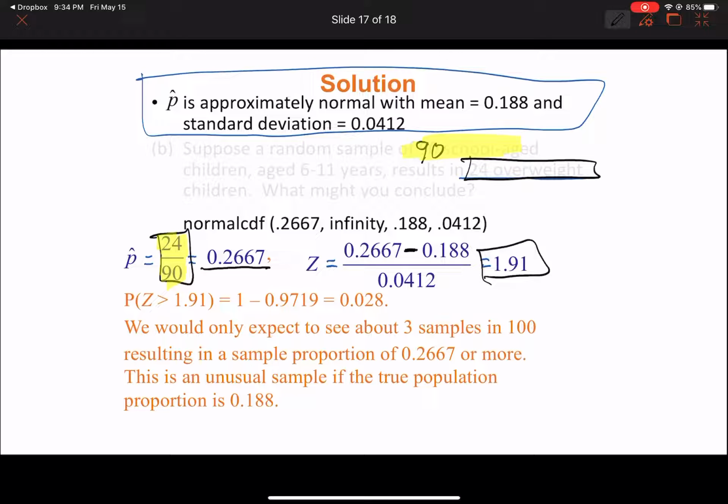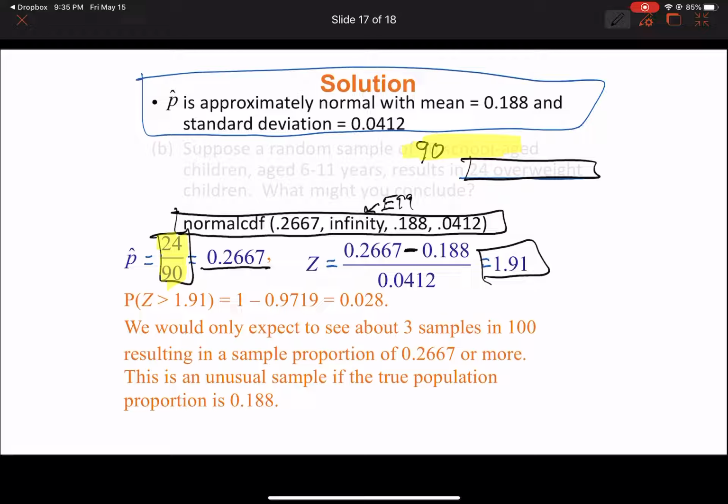We're always going to do greater than, because we're looking at that point. So you put normal CDF, 0.2667 to infinity, which is E99. I want to know the probability that this could happen.